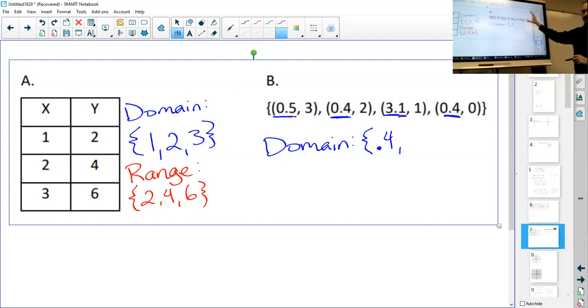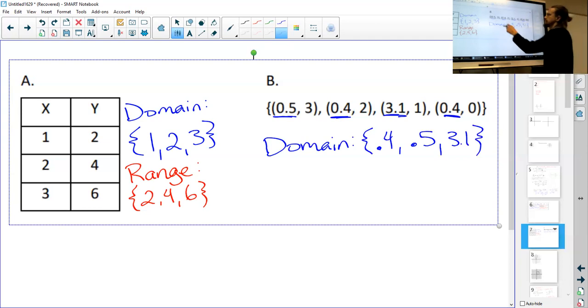We said unique X values, so if you already have 0.4, you don't have to put it again. So the next highest is 0.5, and then our biggest is 3.1. Close our braces. And if you remember from yesterday, since that 0.4 repeats, this is not a function. That's okay, all I care about is domain and range.